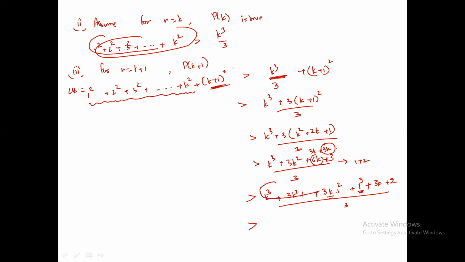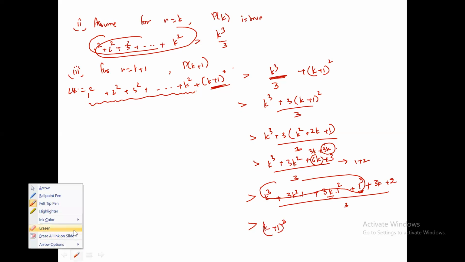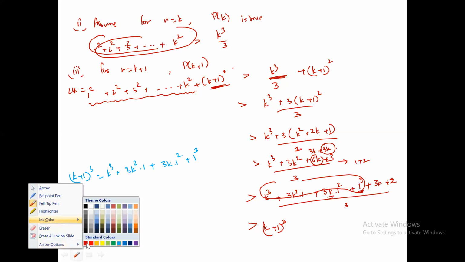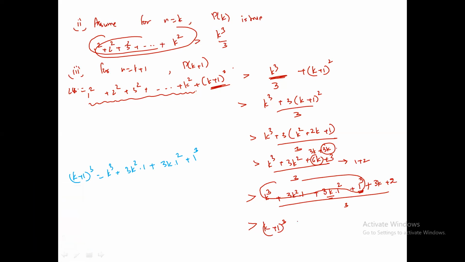So all these I can write as k plus 1 whole cube. Because k plus 1 whole cube is k cube plus 3k square into 1 plus 3k into 1 square plus 1. That is why I changed the form so that I can use it. K plus 1 whole cube plus 3k plus 2 by 3.